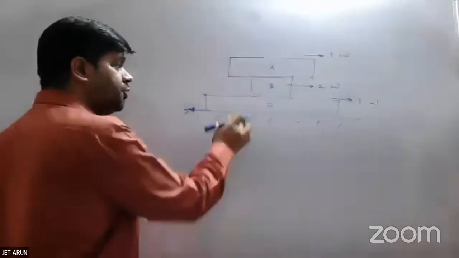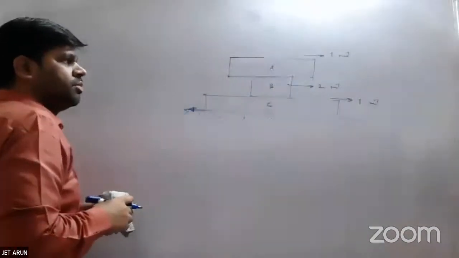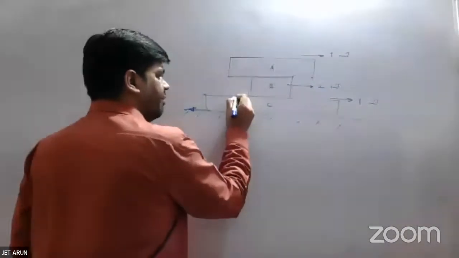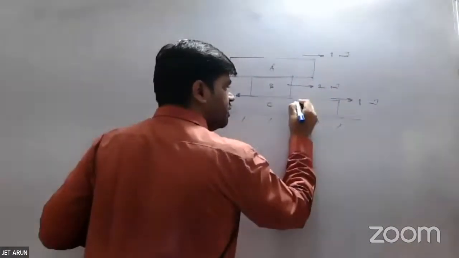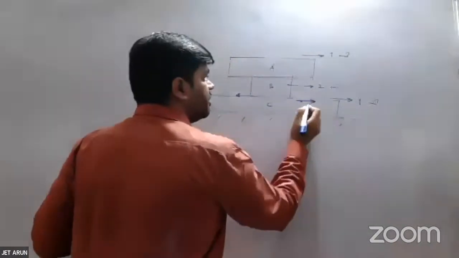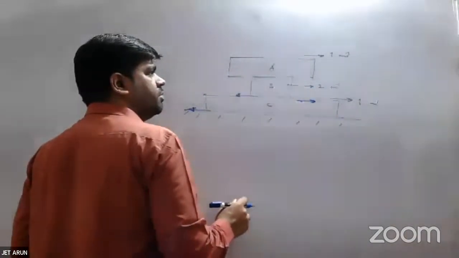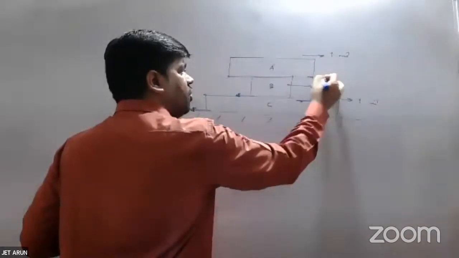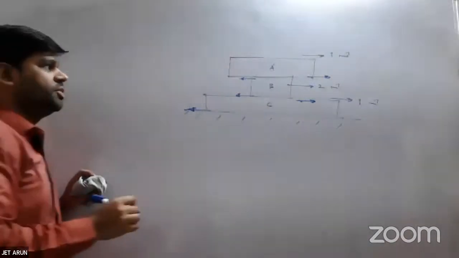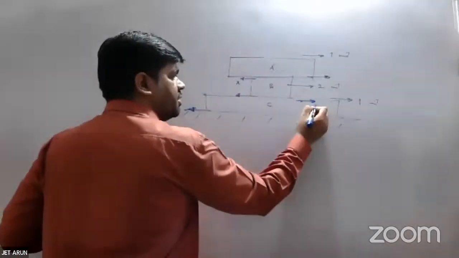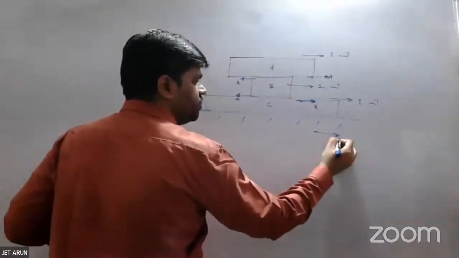On B due to C, left. But its reaction on C is towards right. Right. So on A due to B, right. Correct. Its reaction on B is towards left. So this is action, reaction. Reaction on ground is towards right.